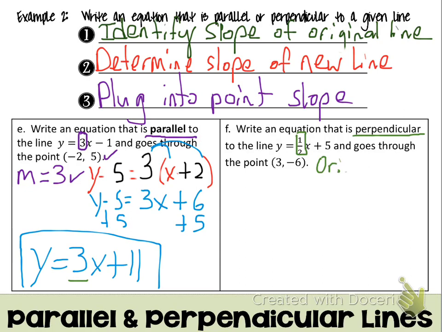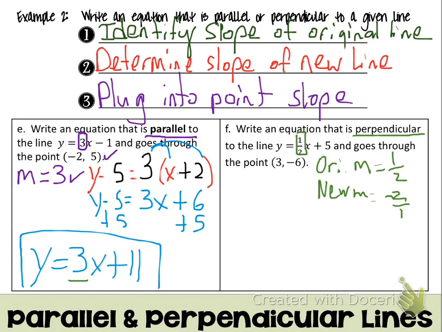So I'm going to put original m is 1/2. My new m, they have to be opposite of each other. So I'm going to switch the fraction. It's going to be 2/1. And it's going to be a negative. Because this one was positive, this one has to be negative.